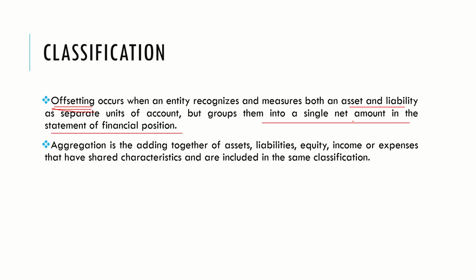Okay? So, meron po kasi tayong mga items that you have offset, na pag sinabi offset, you have one item and another item, pinagdeduct mo sila so that it will be presented as a single item in the statement of financial position. Okay, so that is offsetting.